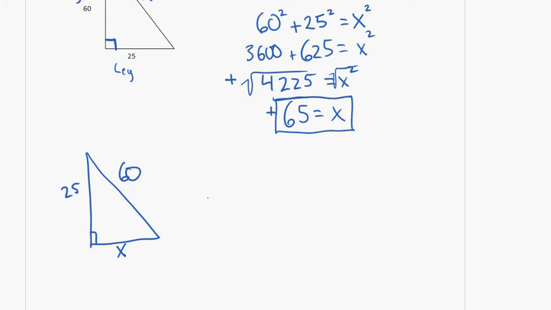So the equation you would be setting up would be x squared, because that's a leg, plus 25 squared, because that's a leg, equals 60 squared, because that's the hypotenuse. All right, so just be careful when you're setting up your equation with the Pythagorean theorem. The hypotenuse always is over here on this side squared by itself, and the two legs squared are over on the other side being added together.